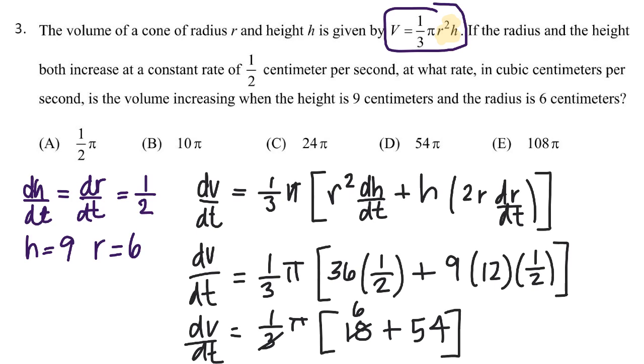And 1/3 into 54 goes 18 times. So we have 6 plus 18, which gives me 24 times pi. So the rate of change of the volume is 24 pi.